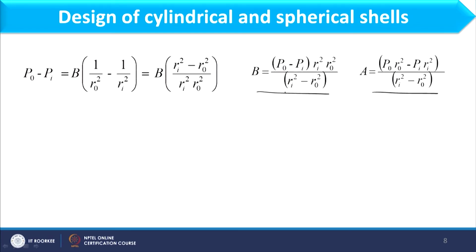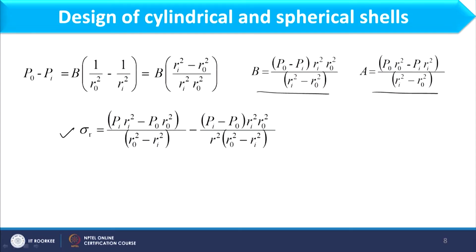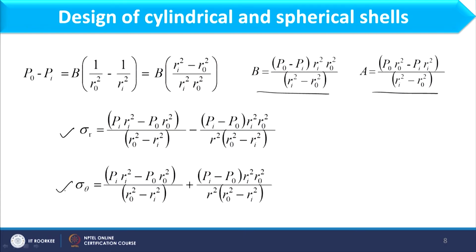So these a and b expressions I will further use in the equations which we have considered as Lame's equations, and then we will go for the final expressions. So let us do that. Putting a and b in Lame's equation, I can find the expressions for sigma r as well as sigma theta. These two equations we can derive while putting in the values of a and b.